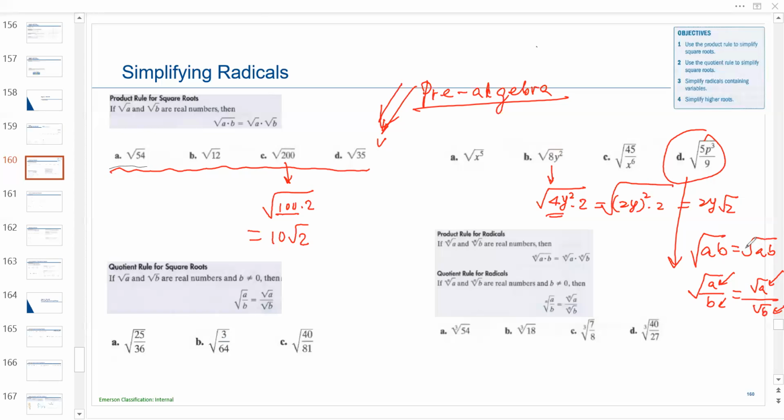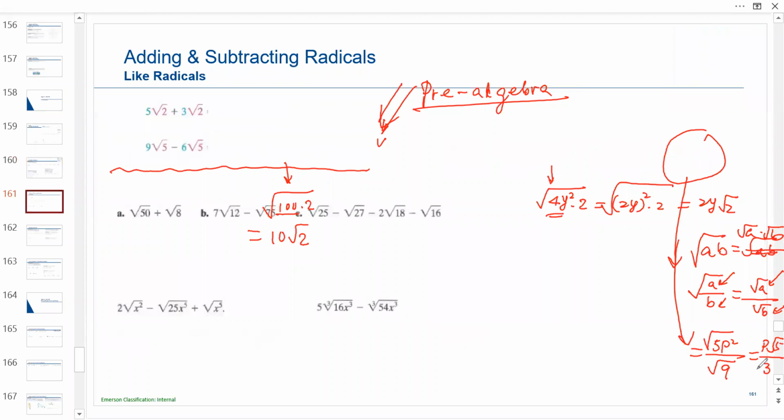So for this fraction, we can do it separately. So it became the square root of 5 on top, and the bottom became 3, a simplification.